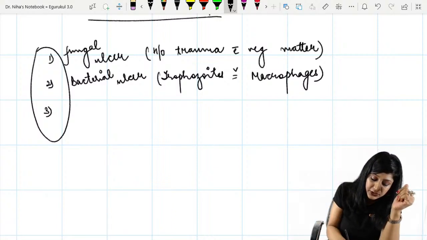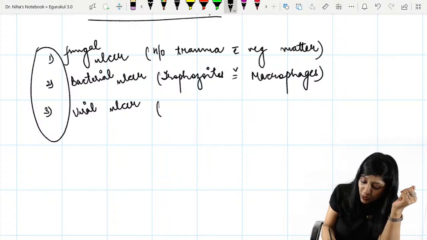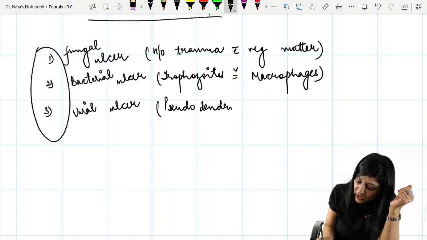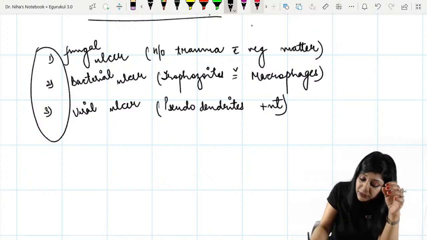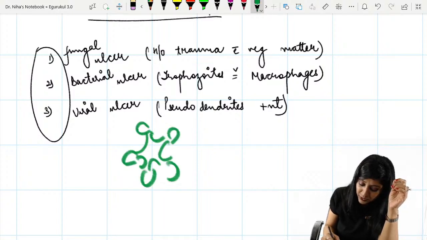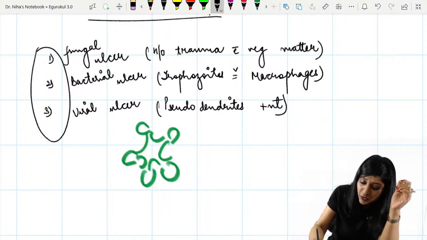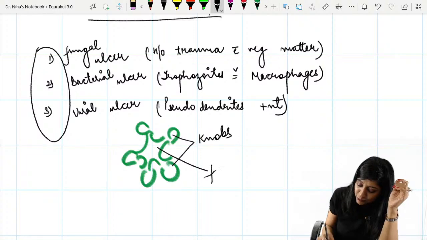Then third is your viral ulcer. What is the thing that can confuse this one with the viral ulcers? Because you can have the pseudodendrites present. Pseudodendrites means something where you have the tree-like arborizing pattern, where the normally knobs should be there and the floor should be there.